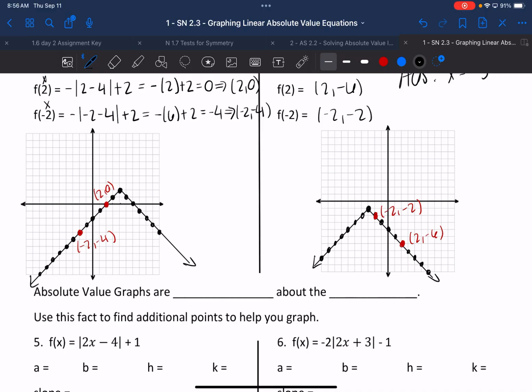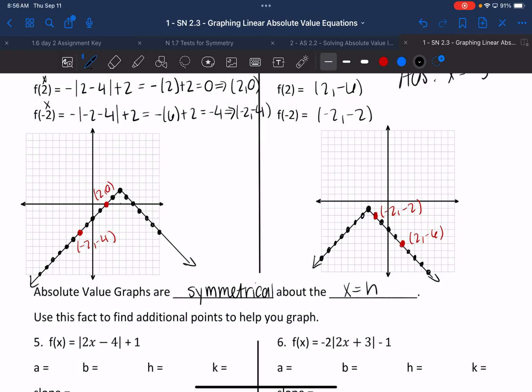So we can say that absolute value graphs are symmetrical. And they are always symmetrical on what line? The value of h, right? So x equals h is where we can always fold them in half, okay?